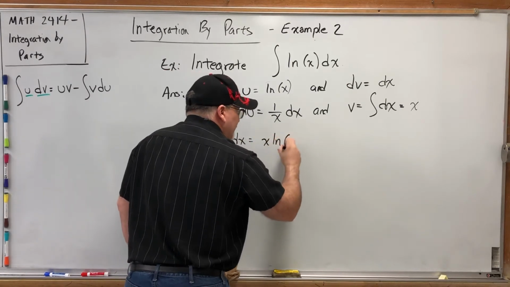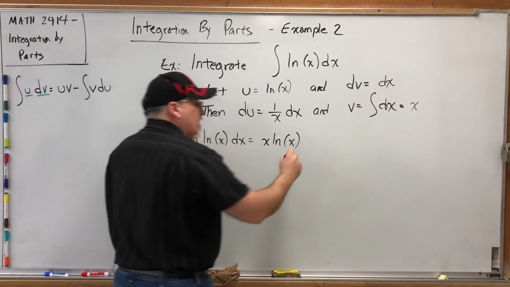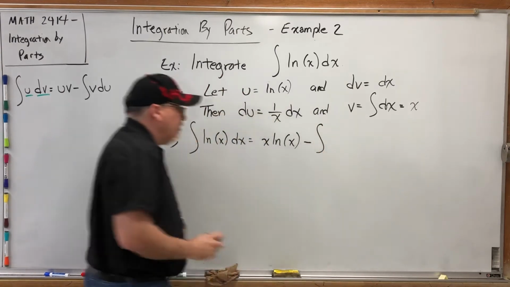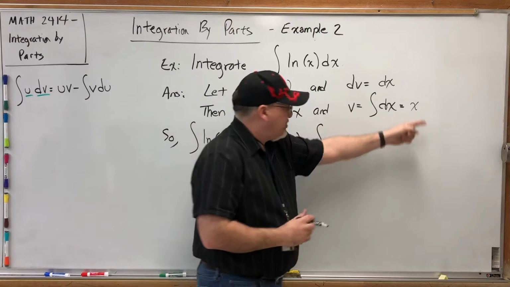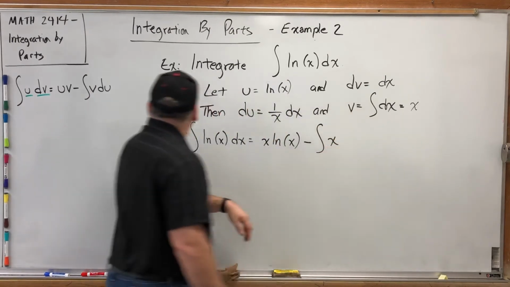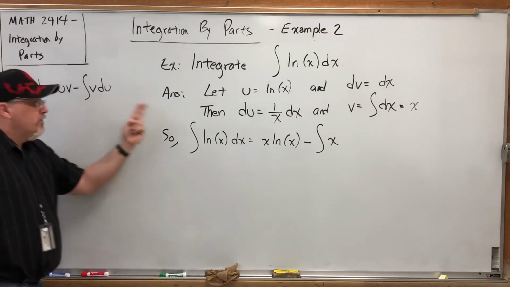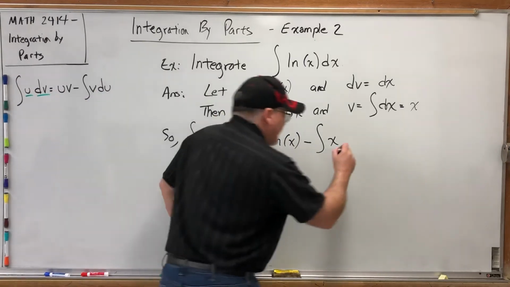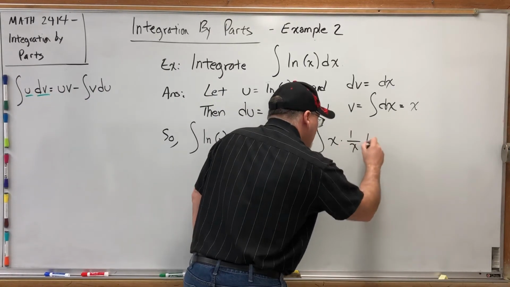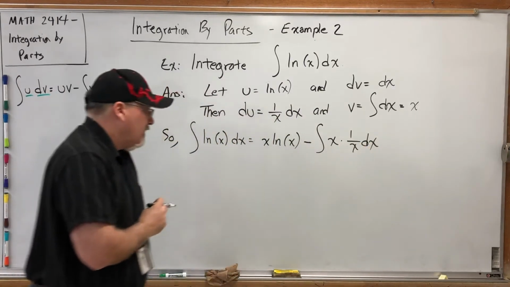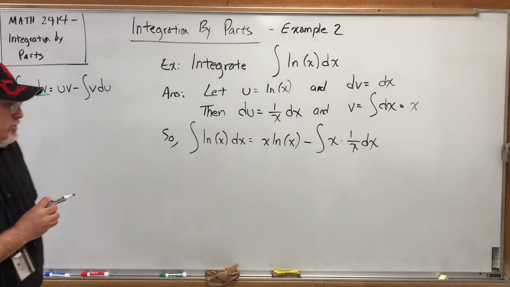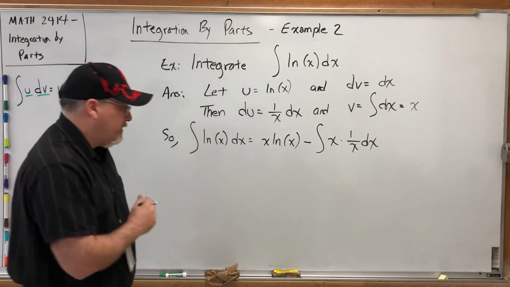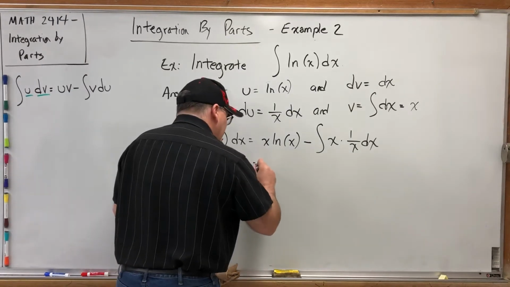So u times v, or in this case v times u, minus the integral of v. v is just x, du. du is 1 over x dx. And integration by parts has done its job. It's changed the integral into a different expression involving a different integral. Let's see how it concludes.